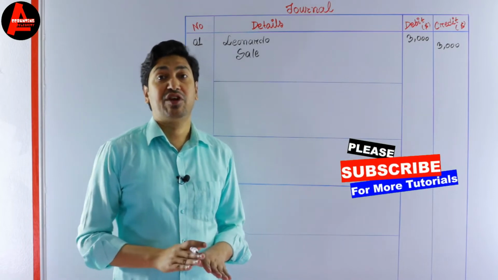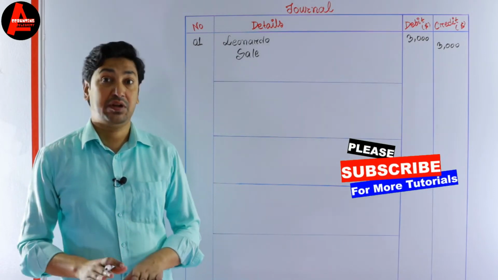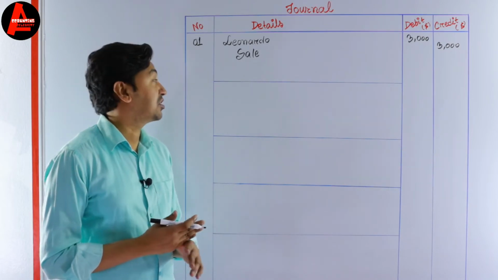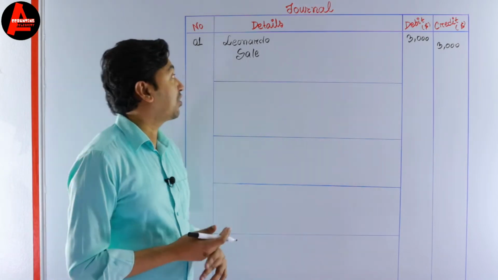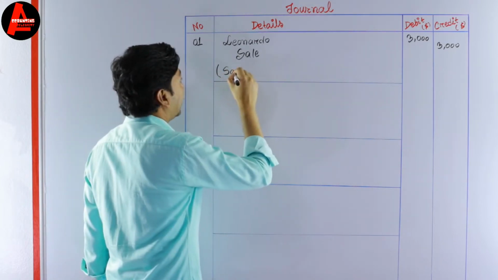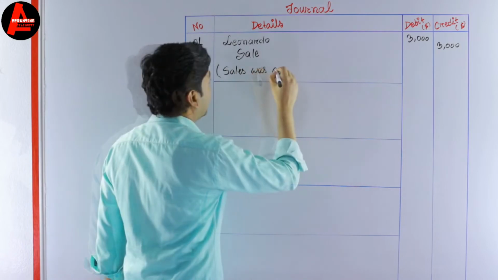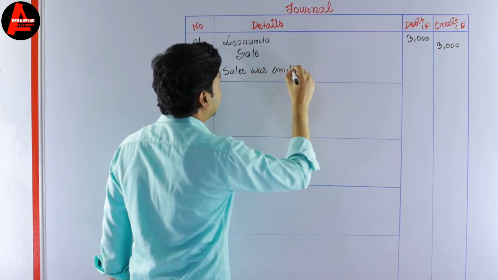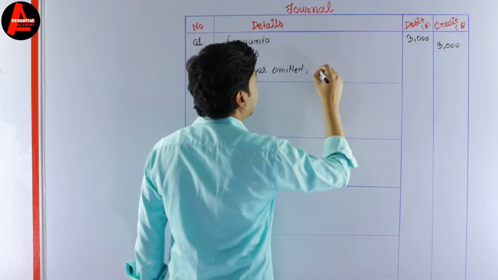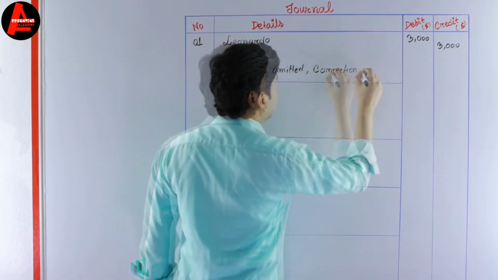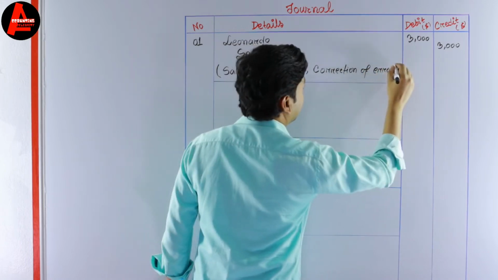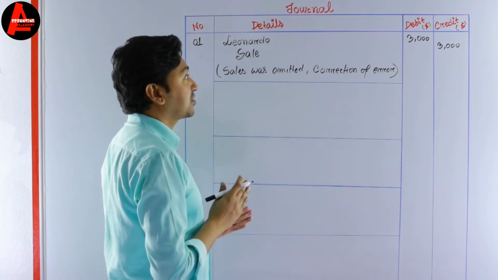In the question sometimes it is a requirement to write the narrative apart from the journal transaction. So here what to write? So we can write here sale was omitted, comma. Now we can write here correction of errors. So here first one is done.